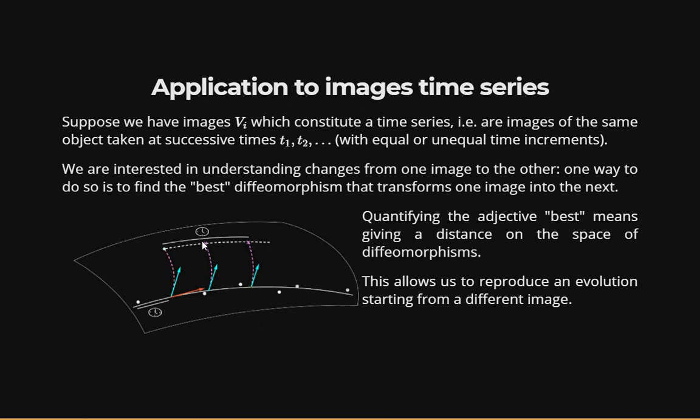So in general, this allows you to reproduce the evolution starting from a different image. Now, this is obviously interesting because if for one patient you have landmarks and you have already studied the evolution of a disease, for example, you can do the same for another patient.